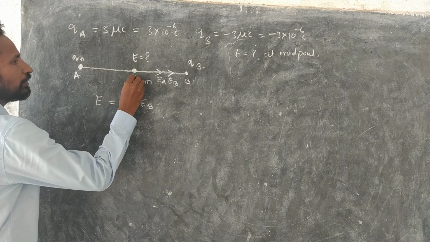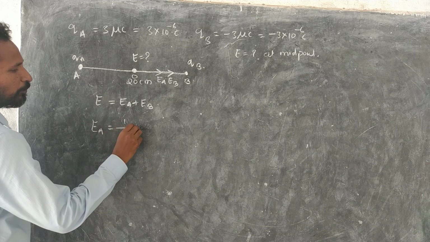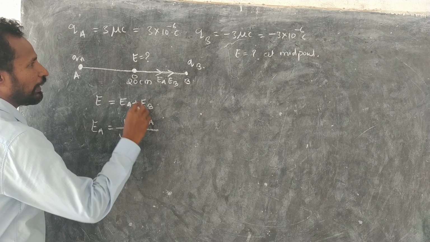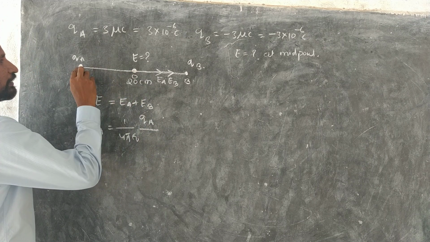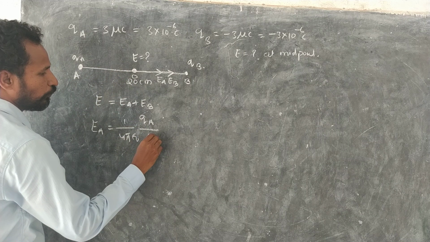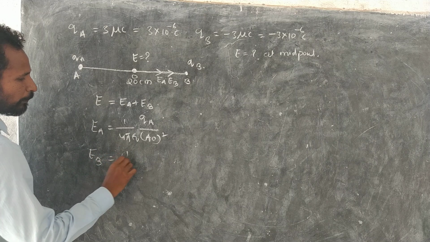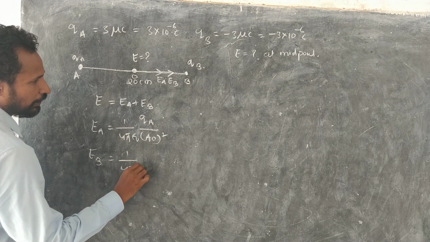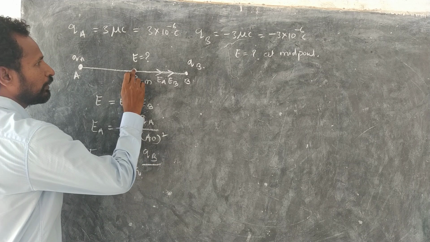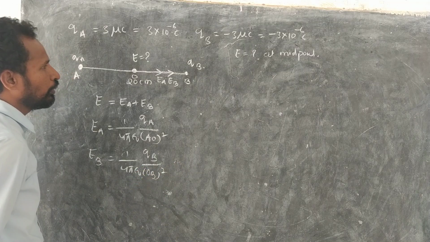Let us say this midpoint is O. Then EA value is 1 by 4 pi epsilon naught QA by the distance between the charge and midpoint, AO square. Similarly EB is 1 by 4 pi epsilon naught QB by the distance between midpoint and B, OB square.